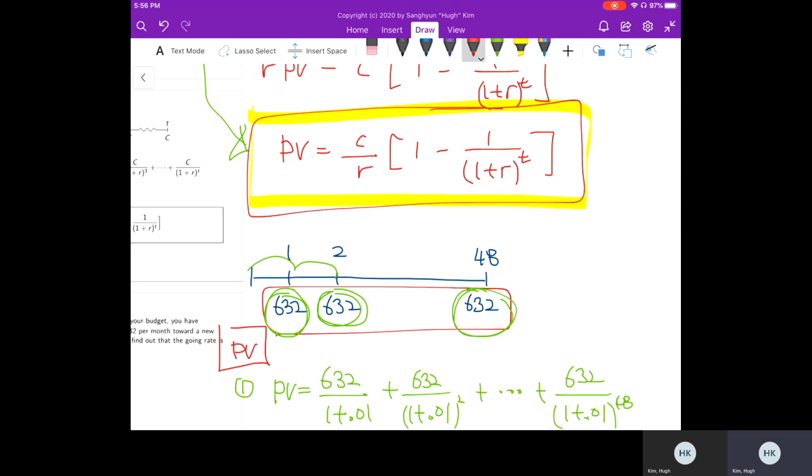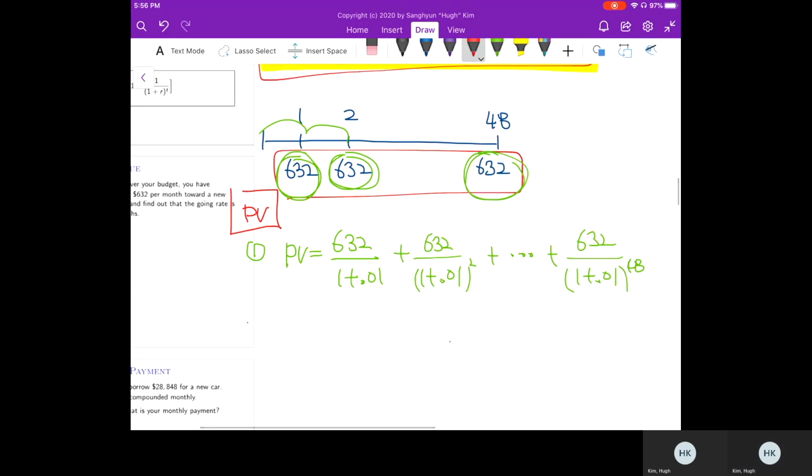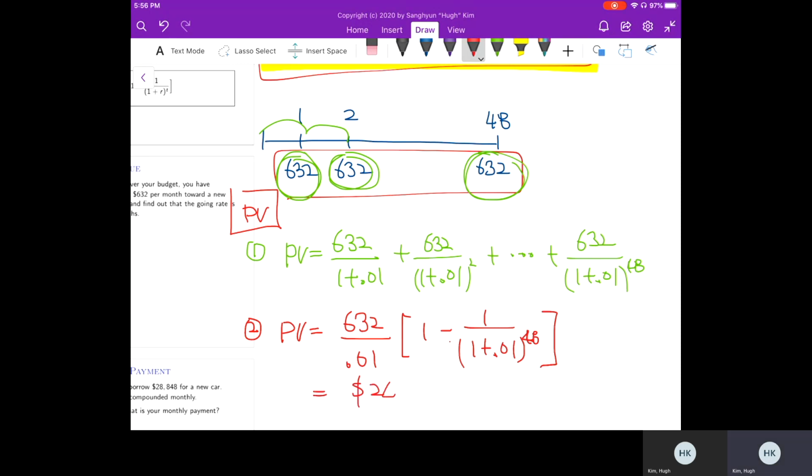So alternatively, we can find present value using the present value of annuity formula. 632 over 0.01 times (1 minus 1 over (1 plus 0.01) raised to the power of 48), which is equal to $24,000.